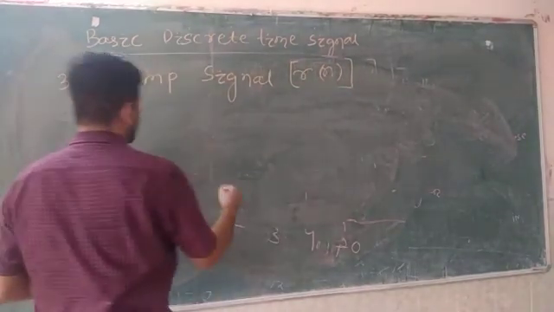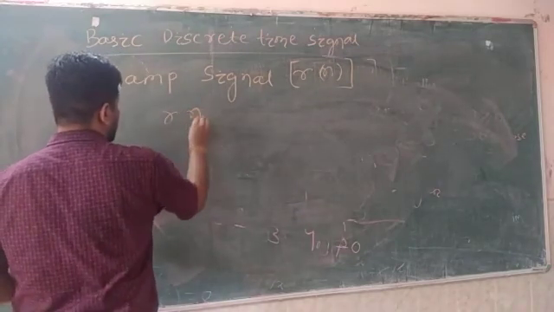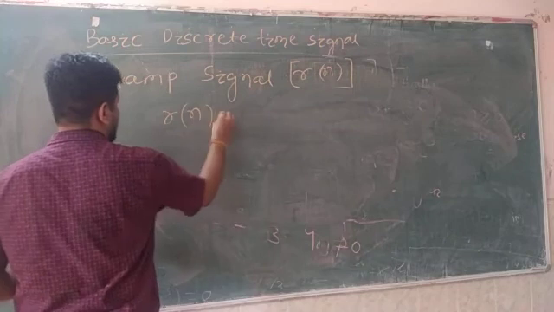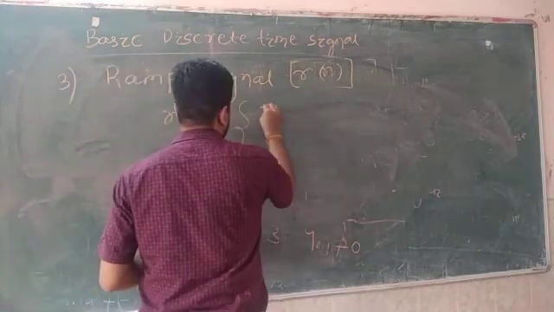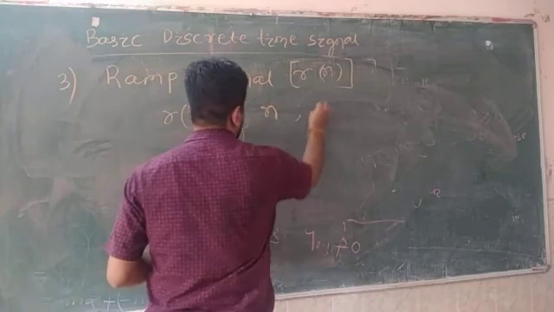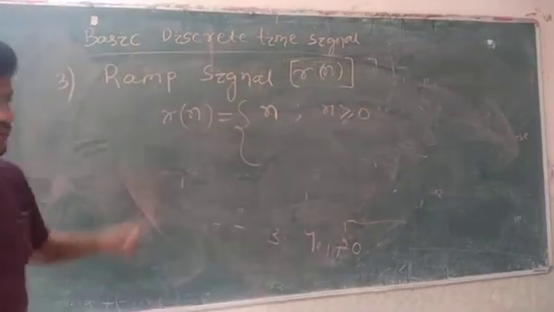Then how to draw this? First of all I have to define this r of n. This r of n is equal to n when n is greater than or equal to 0. What does it mean?